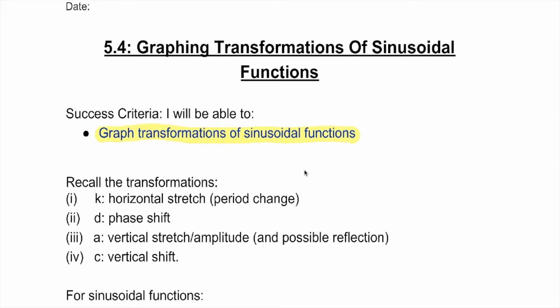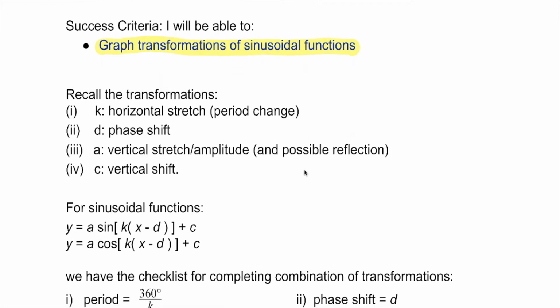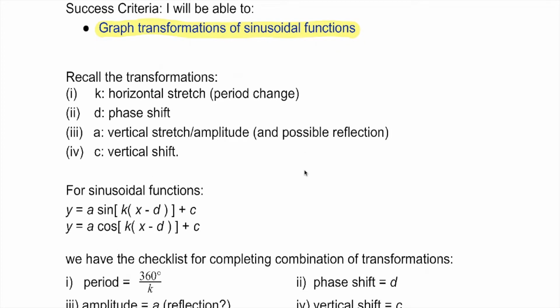So as we recall in transformations of any function, it can be broken down into what I call the A, K, D, and C attributes of the function. The K value affects the horizontal stretch or compression of our function, and in a sinusoidal function, this affects the period.